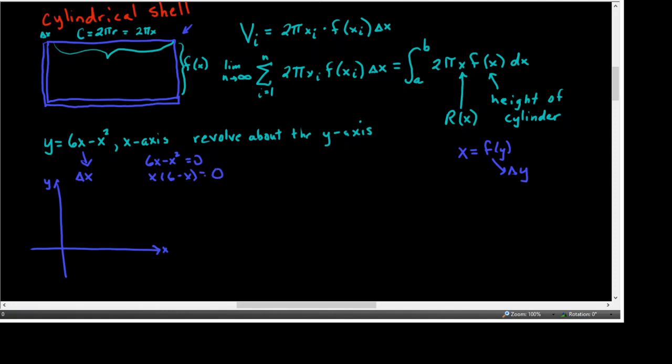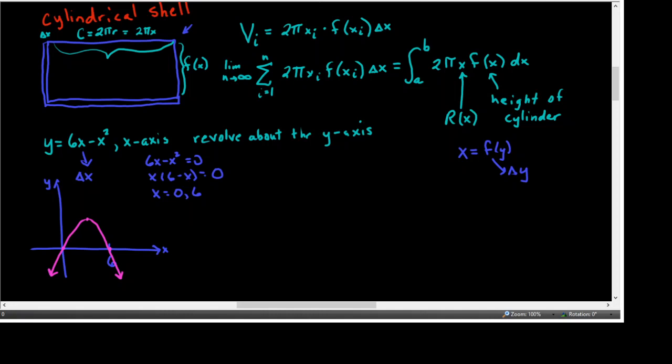And the things that make that 0 are 0 and positive 6. And so I'm going to go out here to positive 6. That's one of my x-intercepts. 0 is the other. This is a parabola that's opening downward, so its vertex is halfway between 0 and 6. This does not have to be a perfect picture. Again, I'm trying to stress that this is an idea generator more than anything else.